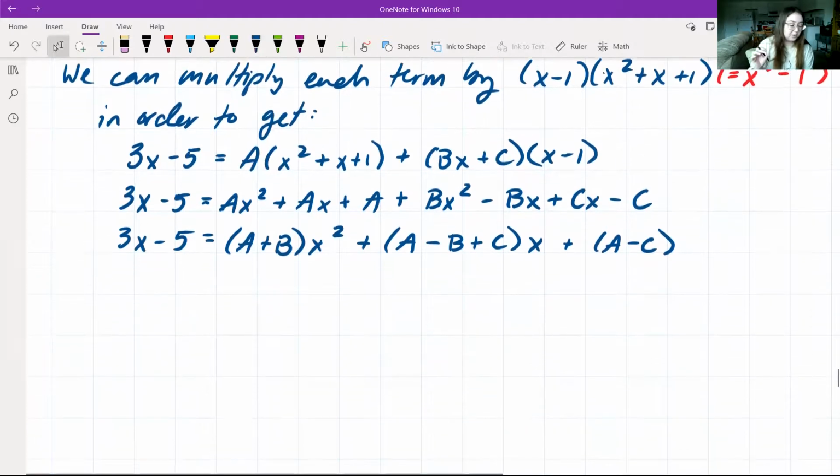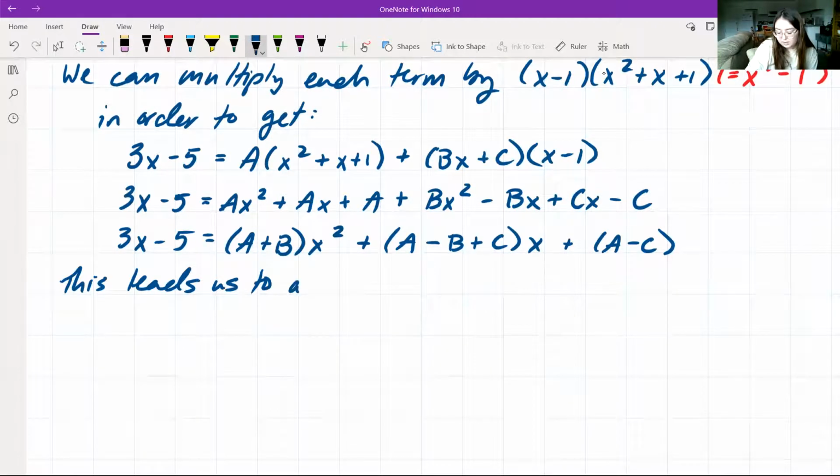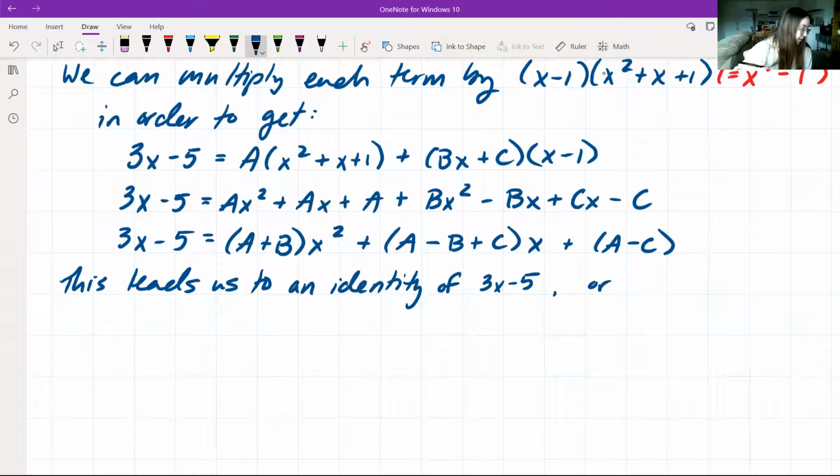So we will set up our identity of 3x minus 5, or in other words, a system of equations.